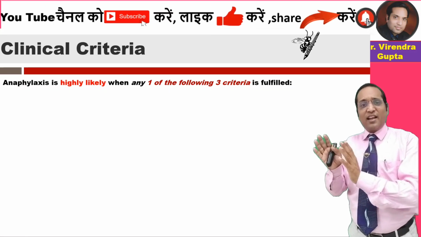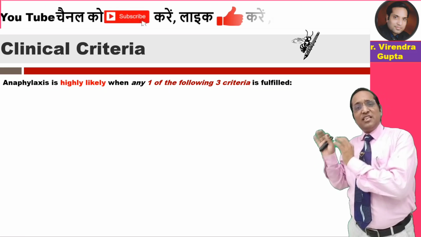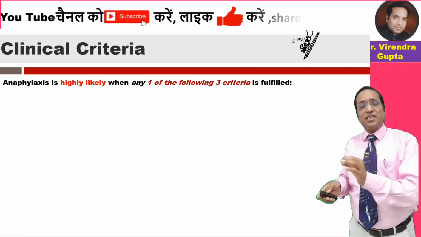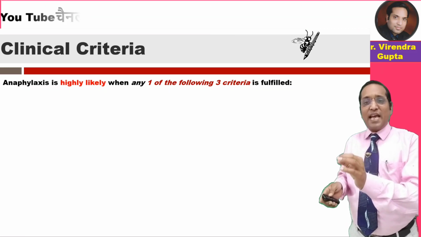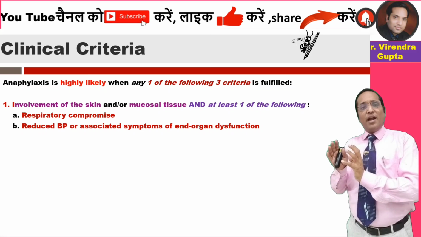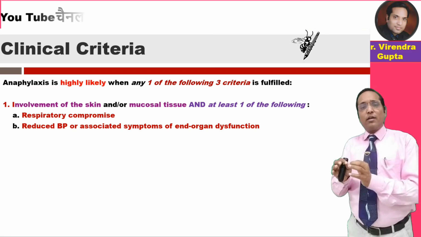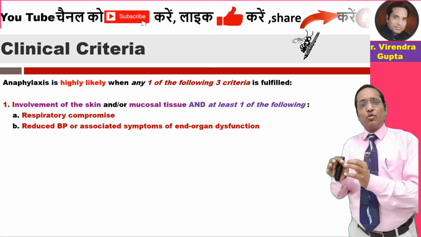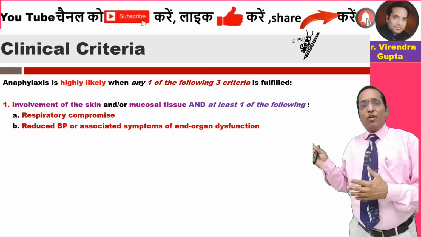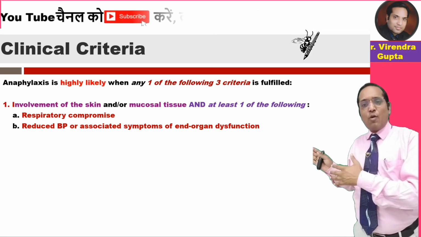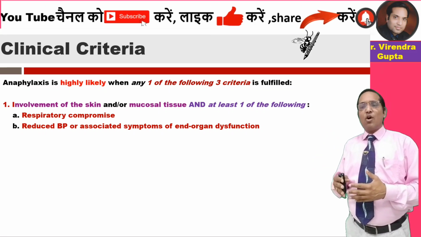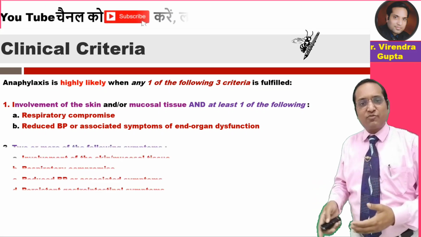There are 3 clinical criteria. Out of these 3 clinical criteria, if any one is present, we may diagnose anaphylaxis. First, if there is involvement of the skin or mucosal tissue along with any one of the following: respiratory compromise, or reduced blood pressure or associated symptoms of end organ dysfunction.